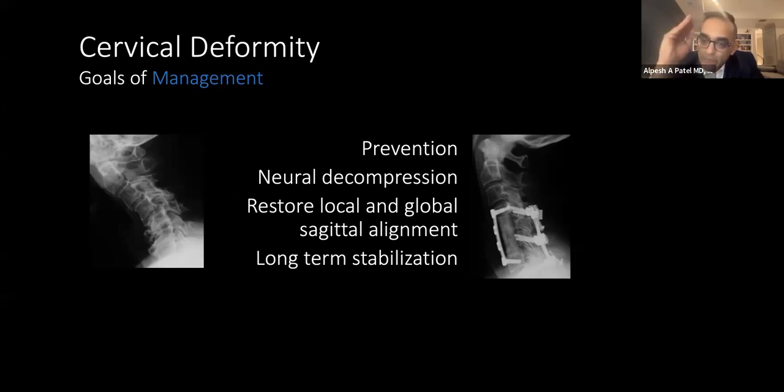If you have somebody with a very focal deformity and they're myelopathic because they've got a spike of bone pushing up against their cord, you've got to fix that local issue as well. But all things considered, the global probably matters more. And then we want to create a situation for long-term stability, right? That's our fusion and fusion constructs.